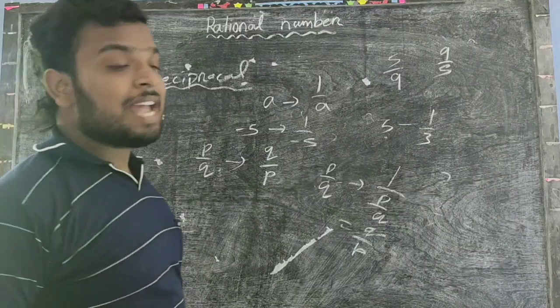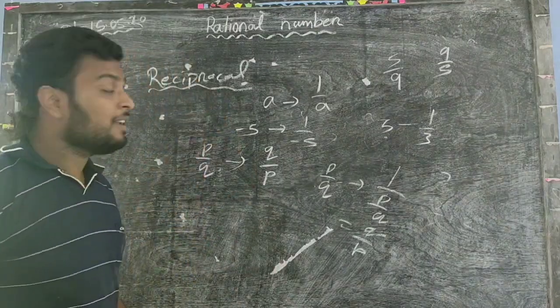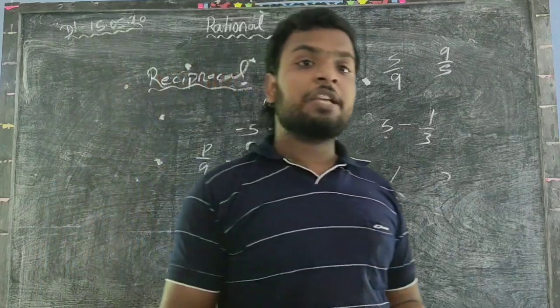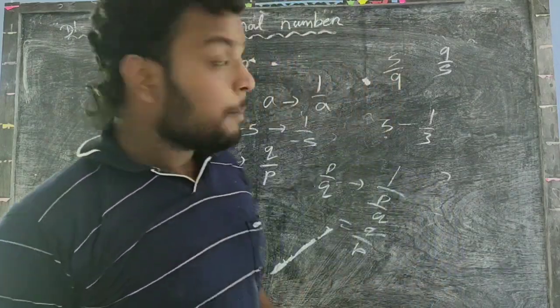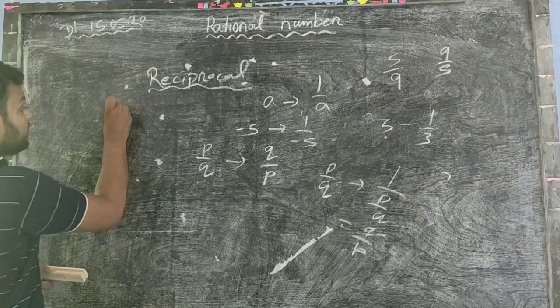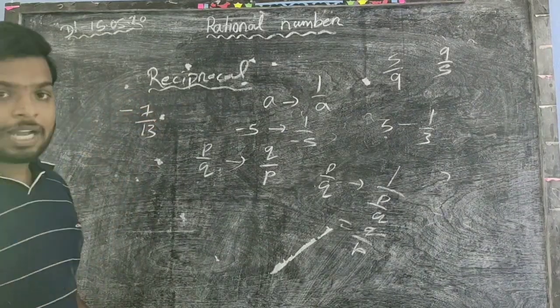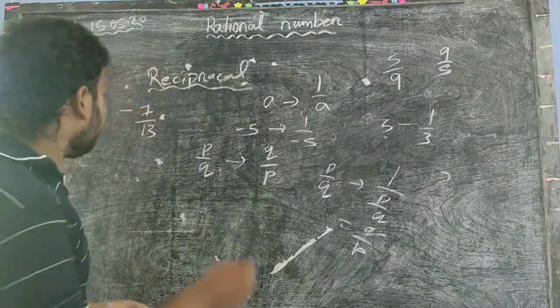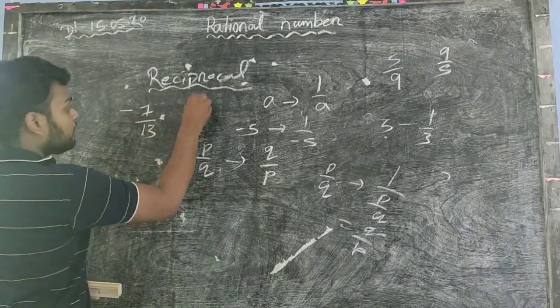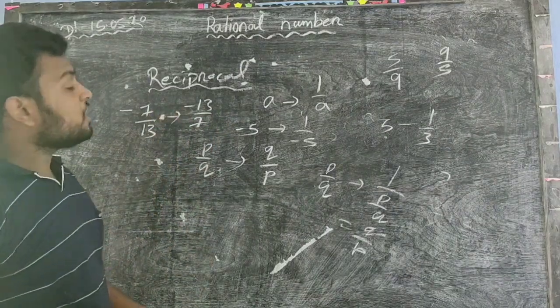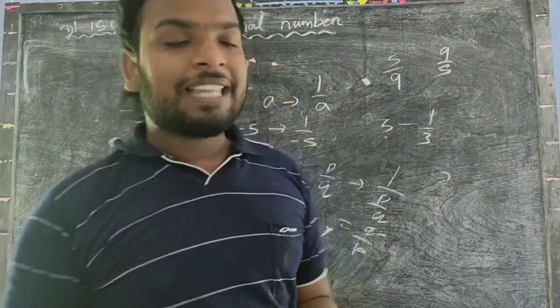There is no sign change in the case of a reciprocal. That means the reciprocal of a negative number is also negative, and the reciprocal of a positive number is also positive. The reciprocal of minus 7 by 13 is minus 13 by 7. So this is the reciprocal or multiplicative inverse.